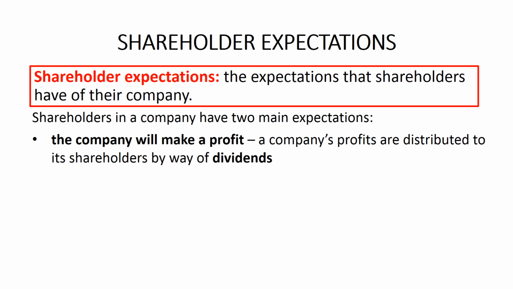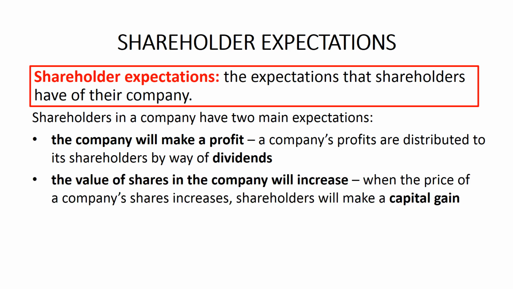The second main expectation that shareholders have of their company is that the value of their shares in that company will increase. So, for example, if a shareholder spends $100 on buying 100 shares in a company, that is, if the shareholder pays $1 per share, then that shareholder will expect that the value of those shares will increase from $1, say, to $2 over the course of 3 years.